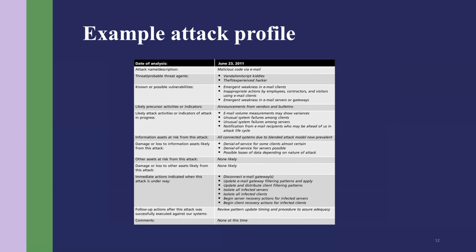If you see in this figure, we start with the date of analysis, then we have attack name and description, then threat and probable threat agent, known or possible vulnerabilities, likely precursor activities or indicators, and so on. Basically, this is what an attack profile is, which you need to build for each of your business processes.